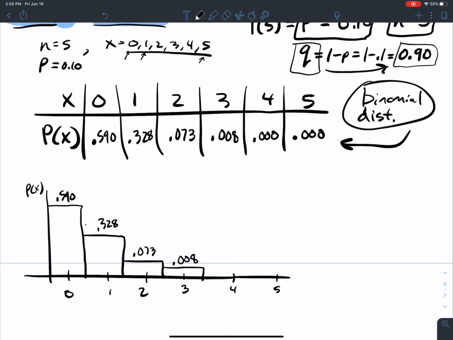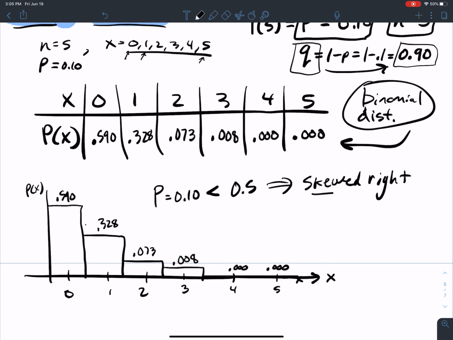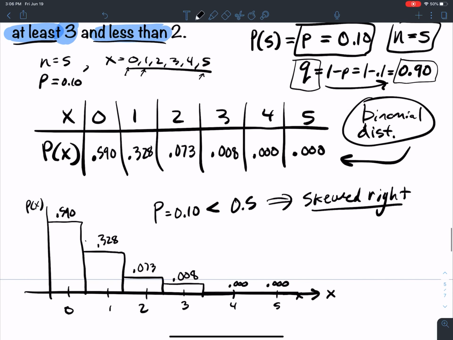At 4 and then 5, that's basically 0 for both of those. Okay, so they don't even show up. All right. So what is this? This is skewed to the right. How did I know it was skewed to the right before I ever graphed it? The probability of success was 10%, which is less than 50%, which implies that it's skewed right. Okay, so it's skewed right. So that's my histogram.